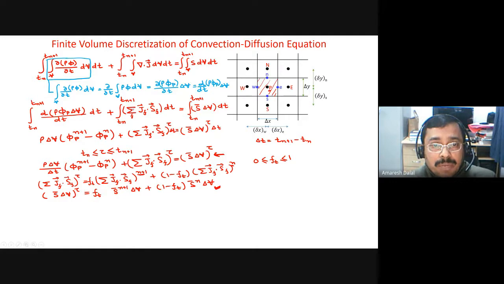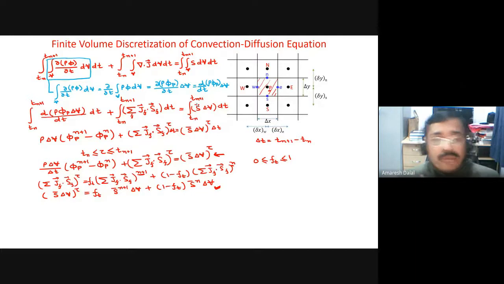That we have represented as the summation of Jf dot Sf, where f is small e, small w, small n, and small s. And we are integrating over time also, so we have dt and the source term. Now when we are integrating these equations over time from Tn to Tn plus 1, at each time we need to know the value, but it is not possible, right?